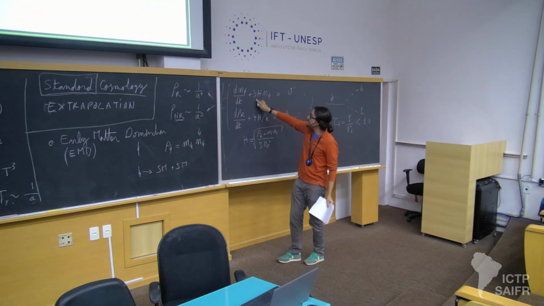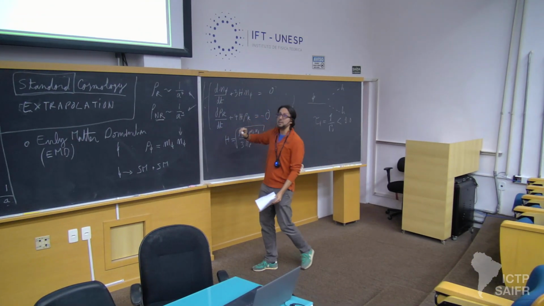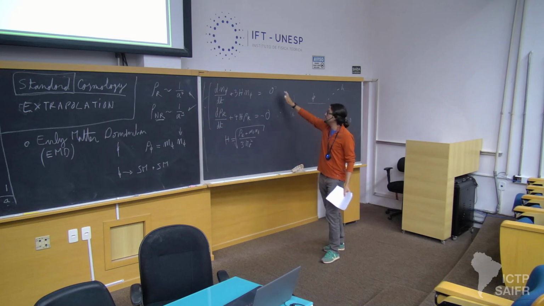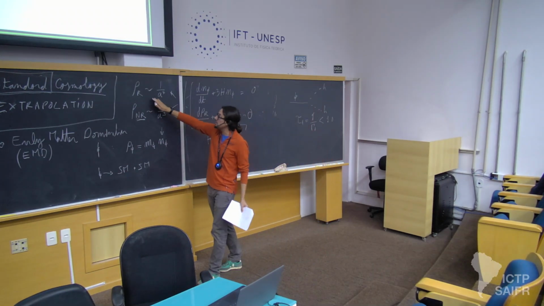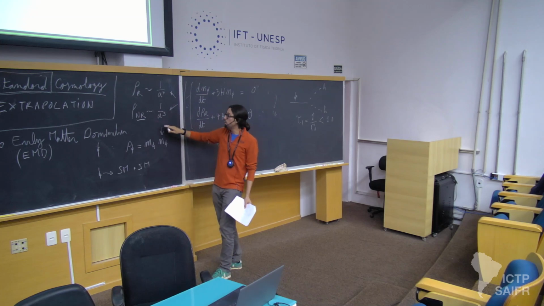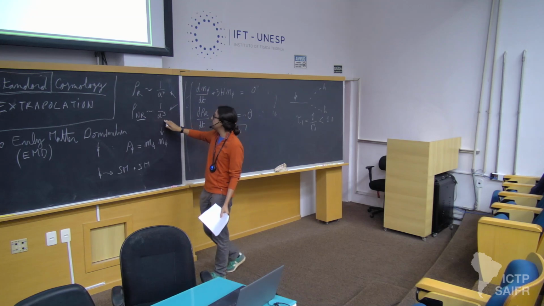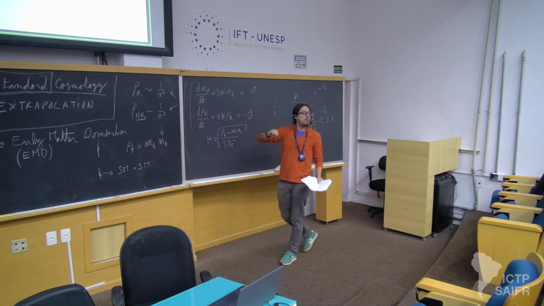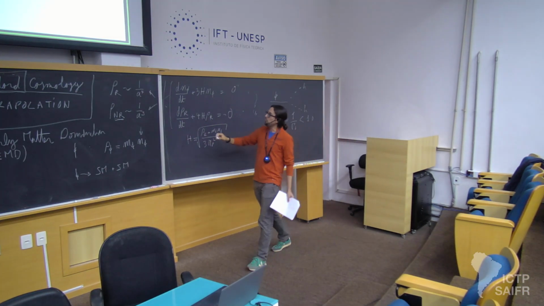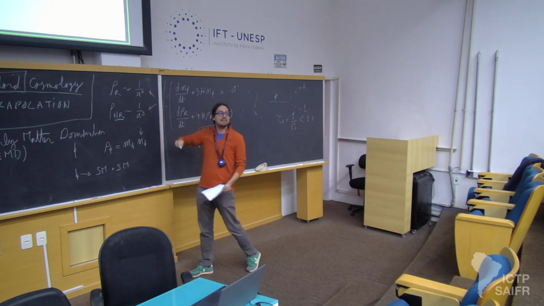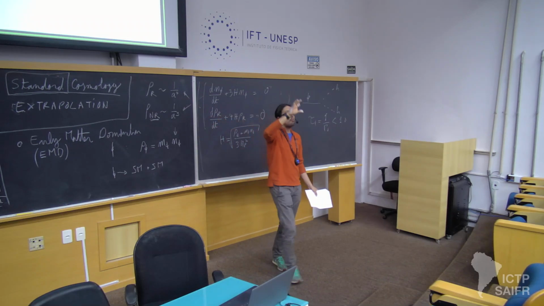So these 3 and these 4 mean that if there are no interactions, so if these terms are 0, they give how the energy density has to scale. Non-relativistic matter has to scale like 1 over the volume, because it is number of particles over the volume. However, for relativistic particles, energy density is energy over the volume.